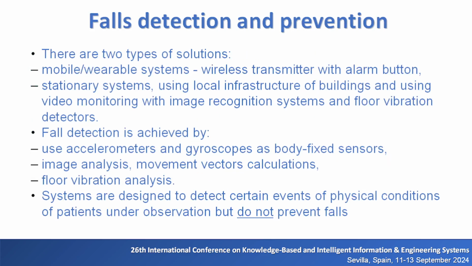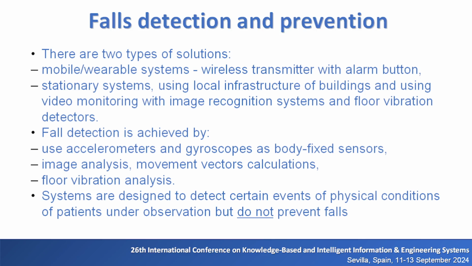Fall detection systems are of two types. They could be mobile and wearable with wireless transmitters and alarm buttons, and they could be stationary using local infrastructure of rooms, buildings, selected areas, and so on, which are based on video monitoring with image recognition and floor vibration detectors.